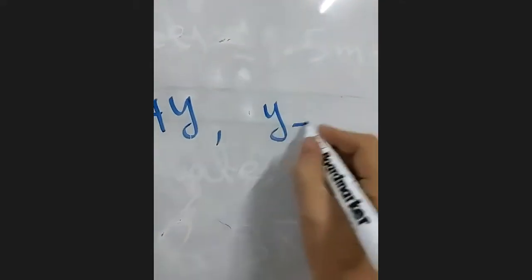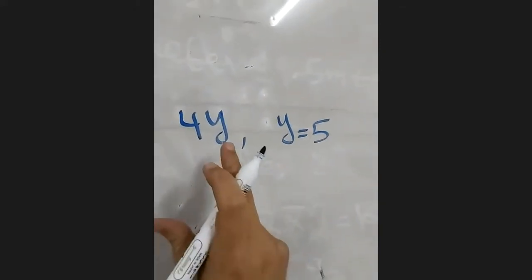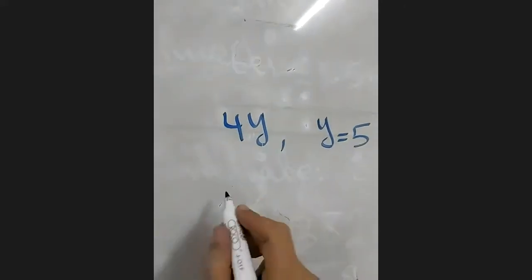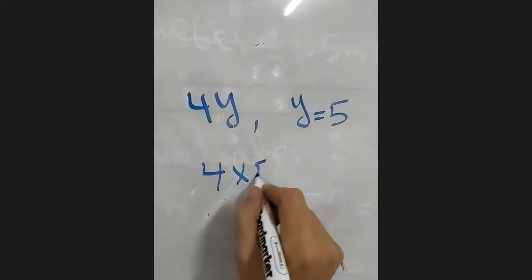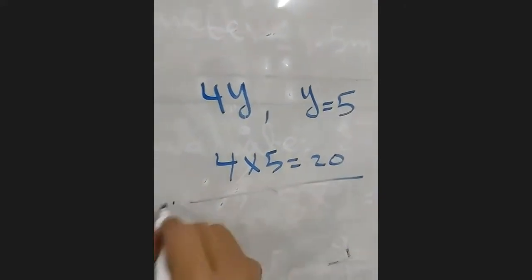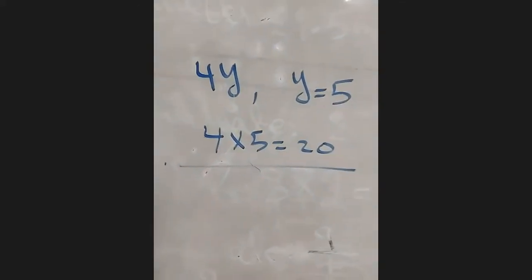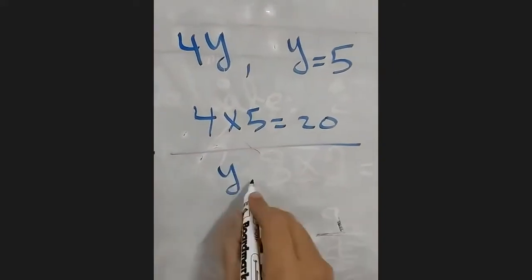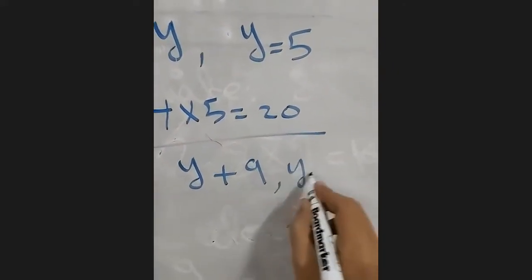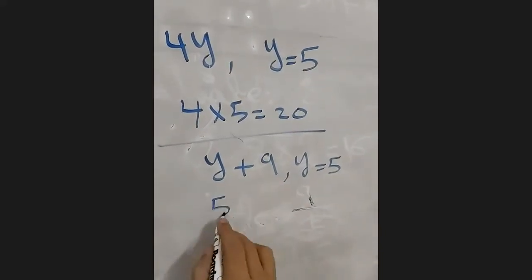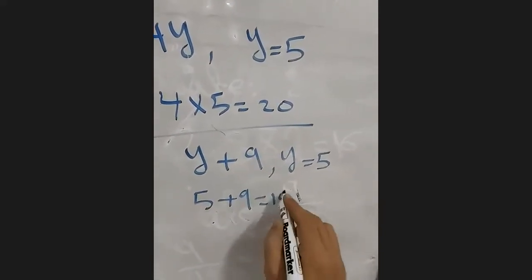Now, if y equals 5, I can replace the value of y by 5. Now here we have multiply, so it will be 4 multiply 5, which is 20. So if we have nothing here, we make it multiply. But if we have, for example, y plus 9 and y equals 5, here I replace y with 5, it will be 5 plus 9, which is 14.